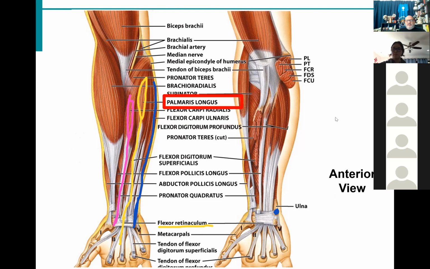So of course that muscle is our flexor carpi radialis. And then from there, we're back home where we started. Oops. Back to the brachioradialis. And we've gone around the circumference of the forearm.